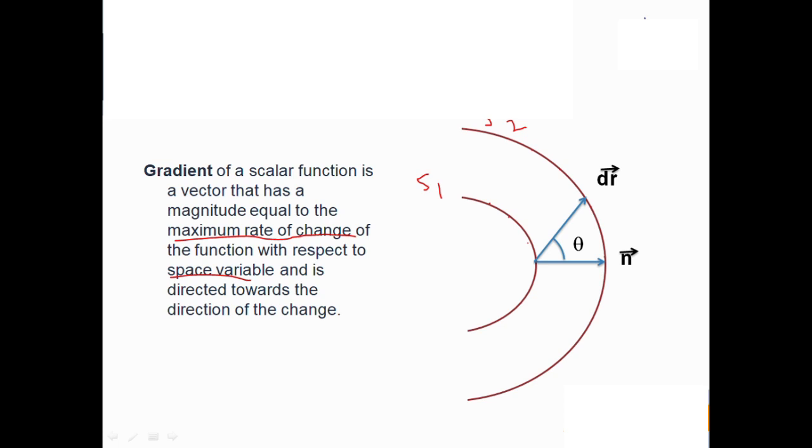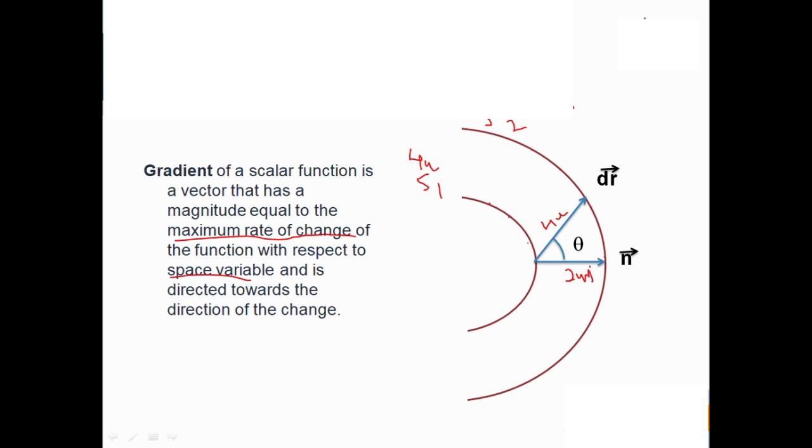So let's just assign them some random values. Let's say that this is 4 units, and this is 12 units. If you look at the distance, let's say this distance is 4 units, and this distance is 2 units.